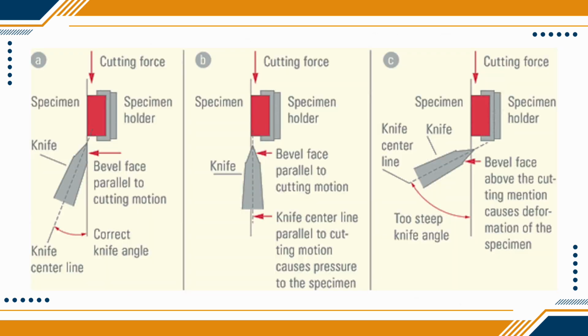So this is another way to demonstrate the angles. So ito yung clearance angle that is perpendicular to the surface of the specimen. And in this case naman, if half ng bevel angle nyo is perpendicular to the tissue, then nagkakaroon tayo ng problema because there would be no ribboning. Or if there are ribbons, pangit yung napaproduce.